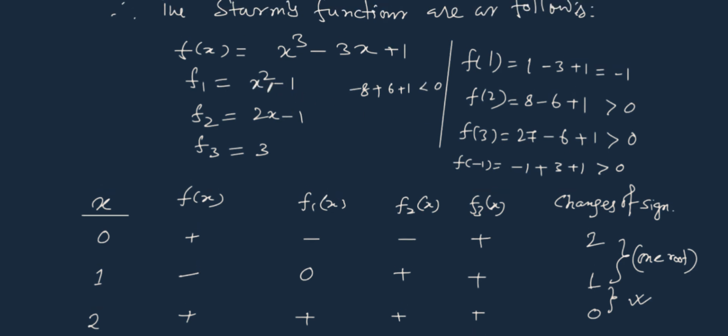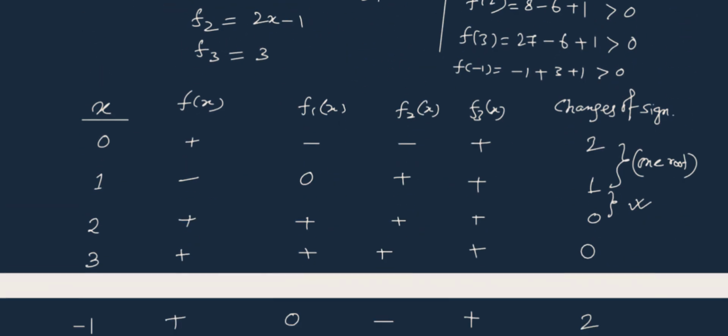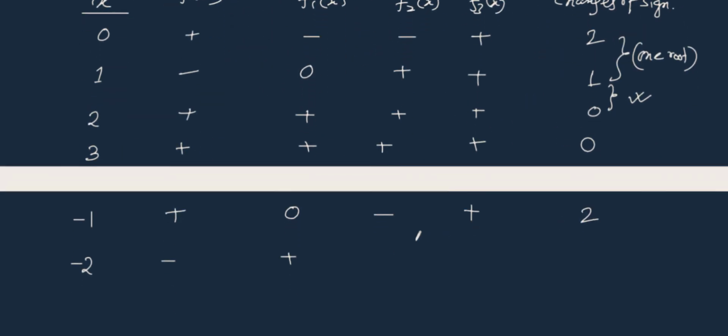See, f1 is 4 minus 1 and positive, and here minus 4 minus 1 negative, f2 is negative. So first f1 is positive, f2 is negative, and then f3 is always positive. So one change, two changes, and three changes. So between negative 2 and negative 1 there is a root.